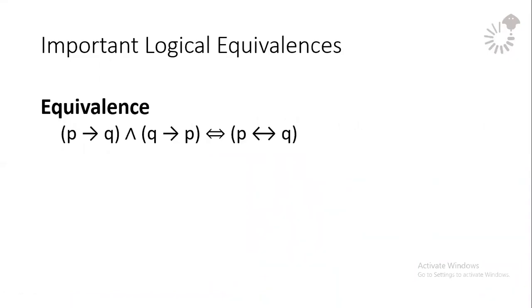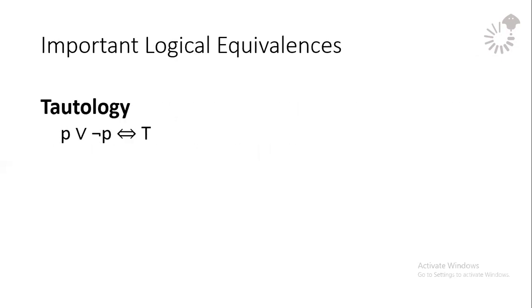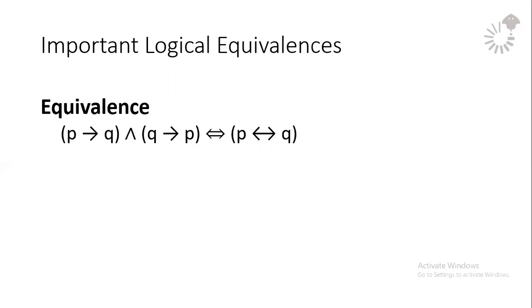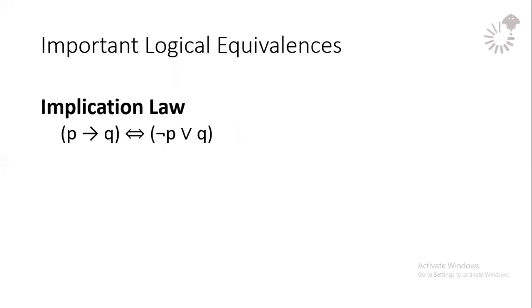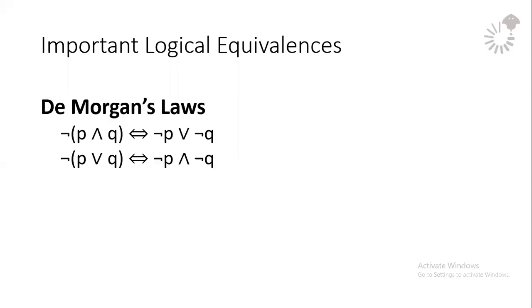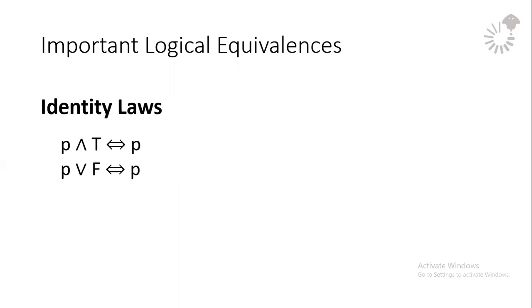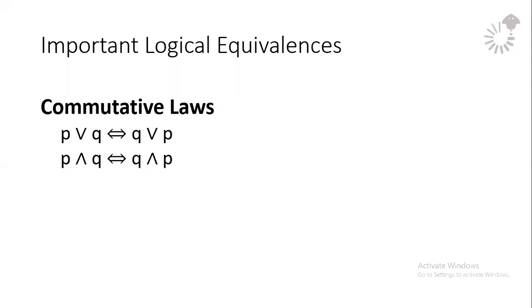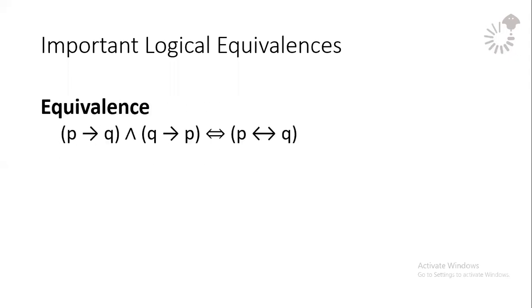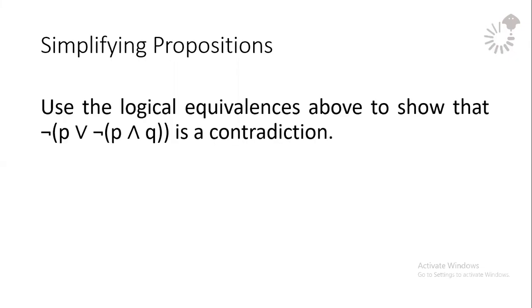So those are the important logical equivalences. You have equivalence, tautology, implication law, absorption law, De Morgan's, distributive, associative, commutative, double negation, idempotent, domination, identity. It's important that you are familiar with these logical equivalences, theories, and laws. In that way, we can simplify propositions.